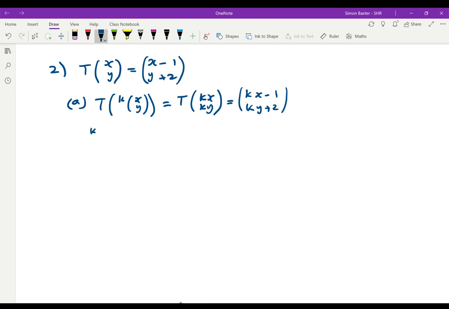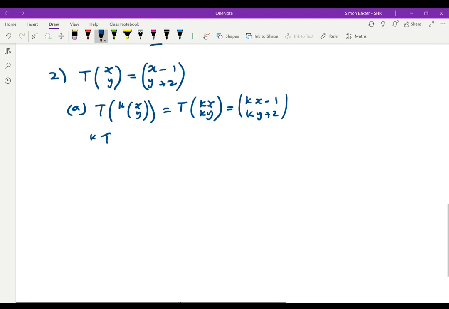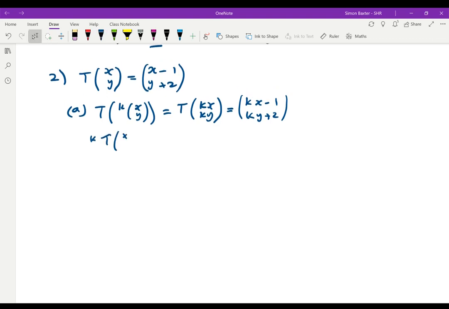What happens if we look at k times T of (x, y)? That is going to be k times (x minus 1, y plus 2). And if we multiply that through, we get (kx minus k, ky plus 2k).